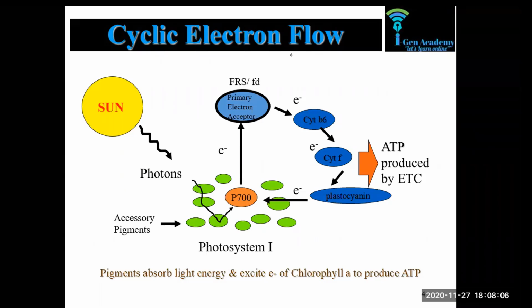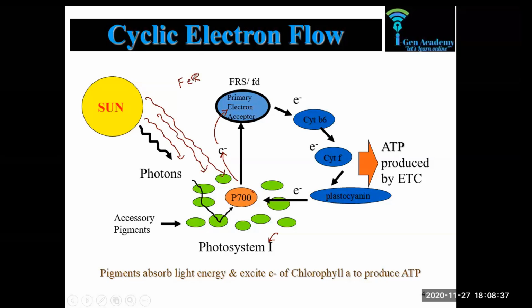You can see in this chart that the reaction center P700 having photosystem 1 receives the sunlight, which we can also call a photon of light, and it activates the reaction center. The moment the reaction center gets activated, it expels the electron. The electron goes to the molecule called ferredoxin reducing substance.